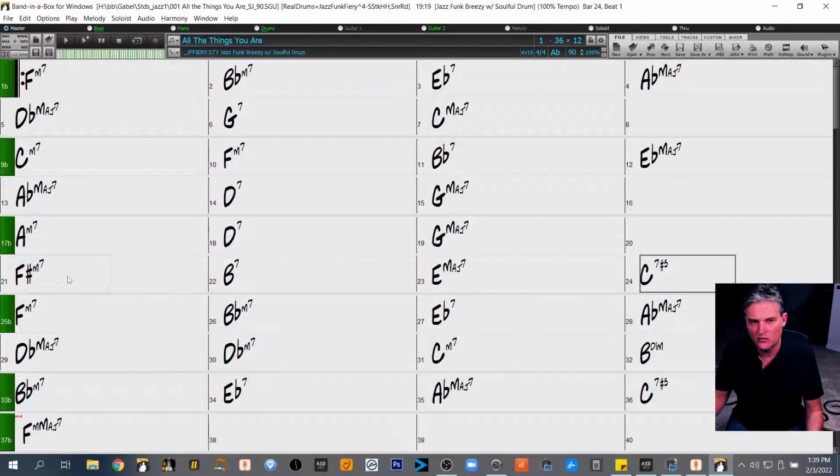So if we think about a 2-5-1 progression that just loops over and over again, 2-5-1, 2-5-1, instead of going back to F sharp minor, which is the 2, what's the tritone? What's 3 whole steps away from F sharp?